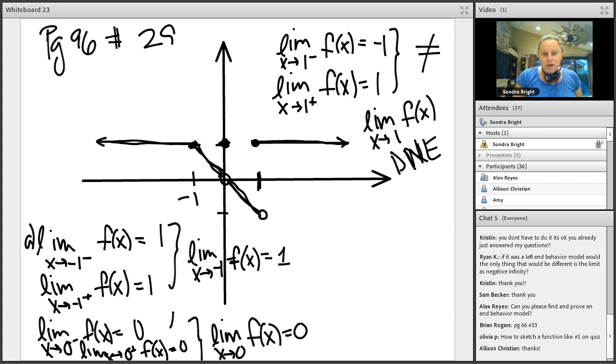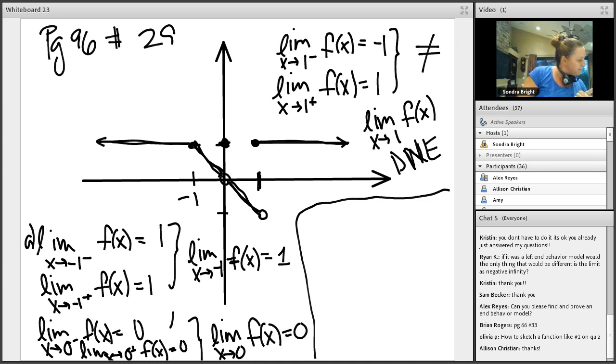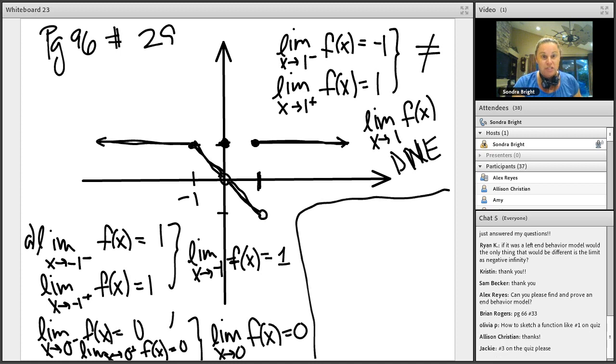And then they want to know, is it continuous? To be continuous, there are 3 parts of the continuity definition. You need your function to exist at that point, the function's value.